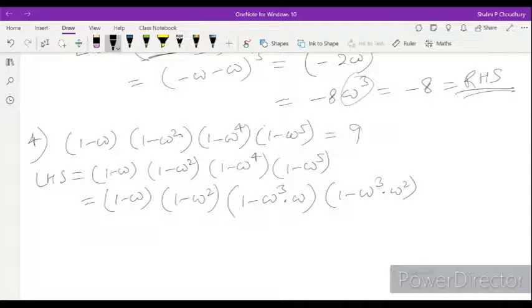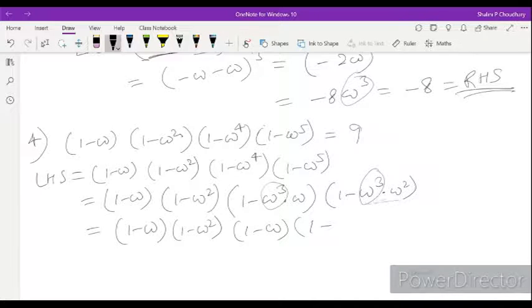So it will be (1 minus omega)(1 minus omega square), and omega cube is equal to 1. So 1 into omega will be omega, giving 1 minus omega, and omega cube into omega square, omega cube being 1, gives omega square, so 1 minus omega square.